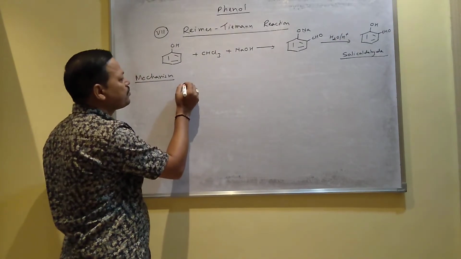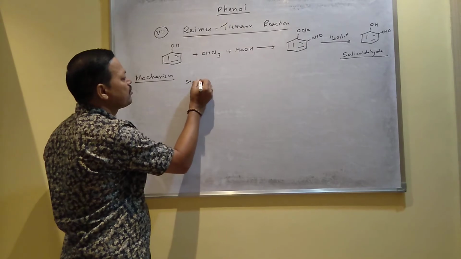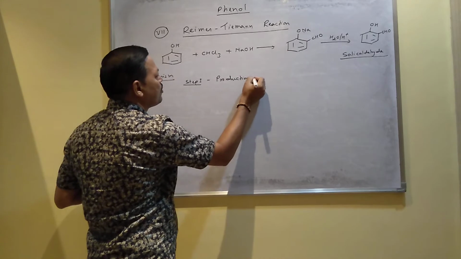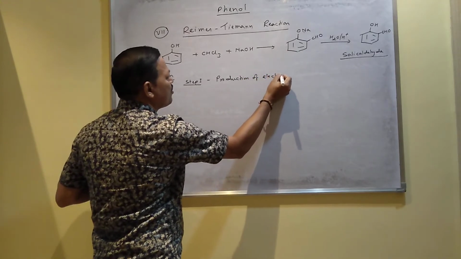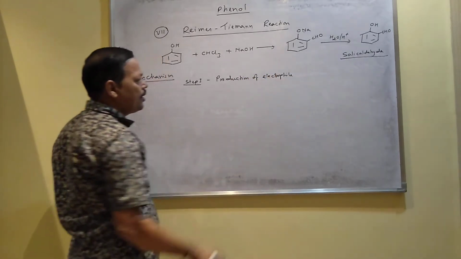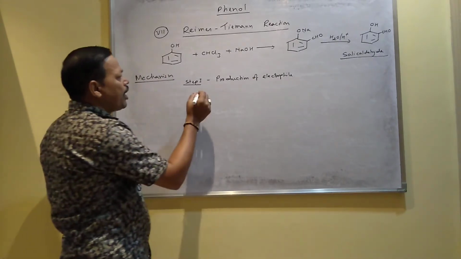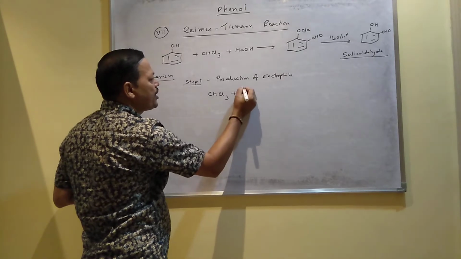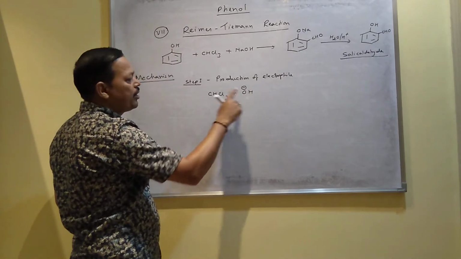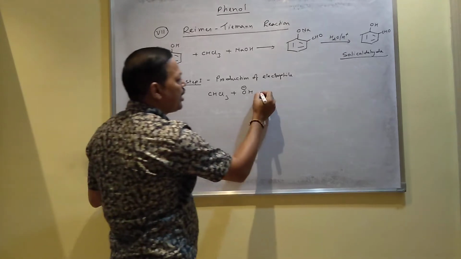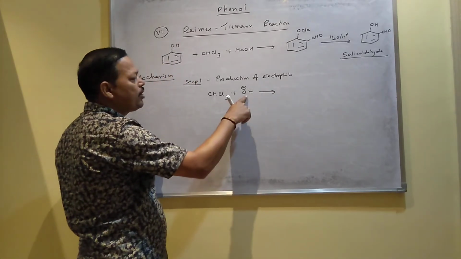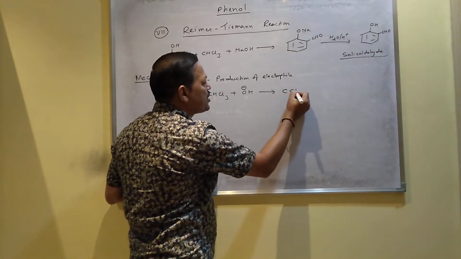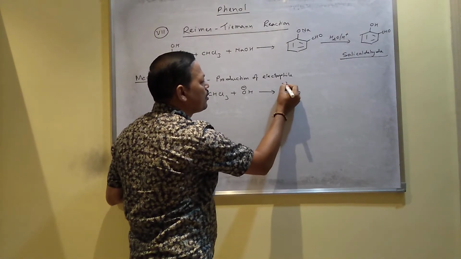First, step 1: production of electrophile. Our reagent is chloroform, CHCl3. When it combines with the base sodium hydroxide, the OH minus ion takes one proton from this, the H plus ion combines with OH, it produces water, and it produces CCl3 minus, one anion.